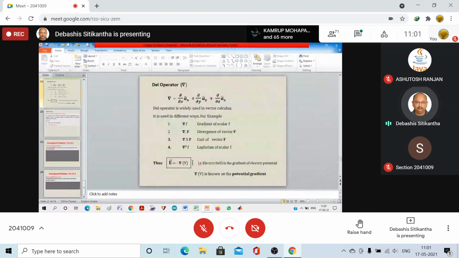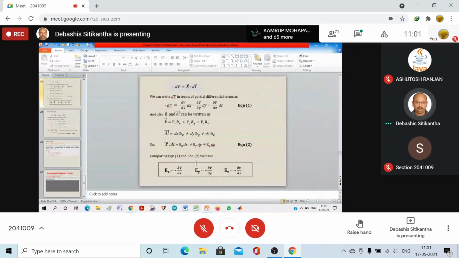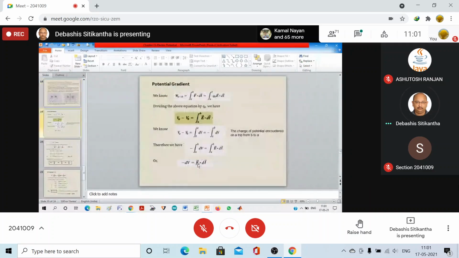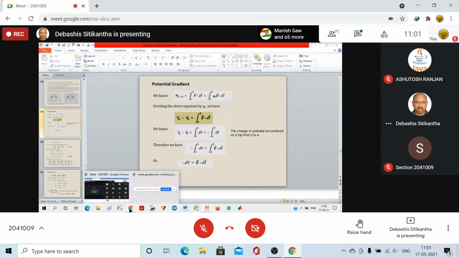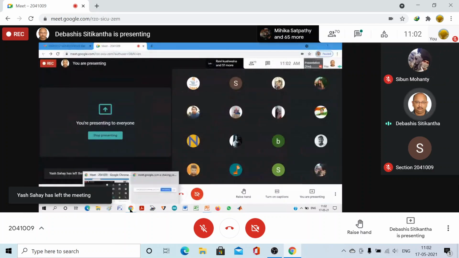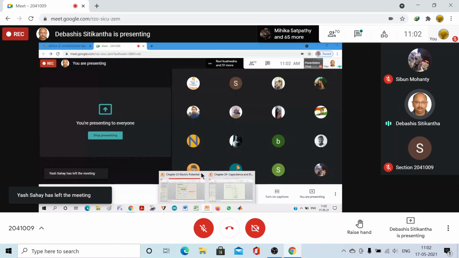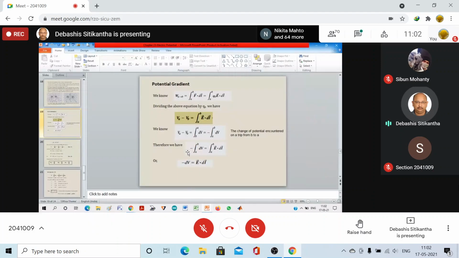So we are at the end of this chapter number 23. Most probably we'll start with potential gradient, right? Or we have completed it. Have we completed this one? Anyone from you, please respond. Sir, done. Okay, so can you please tell me how far we have completed? Have I completed this del operator?